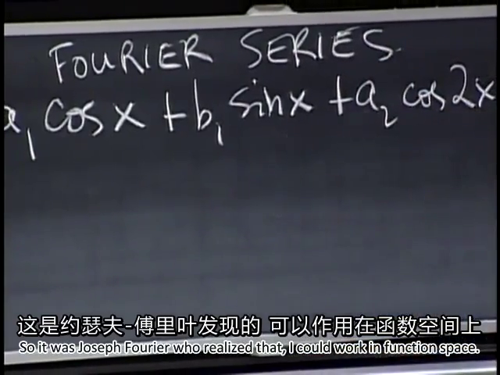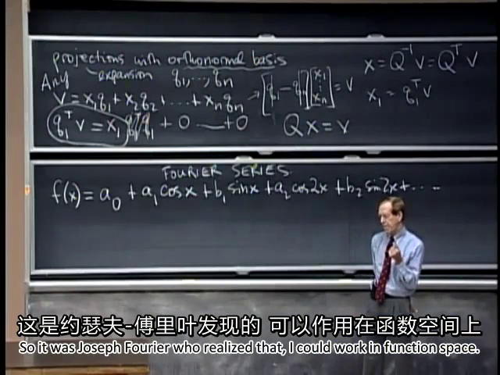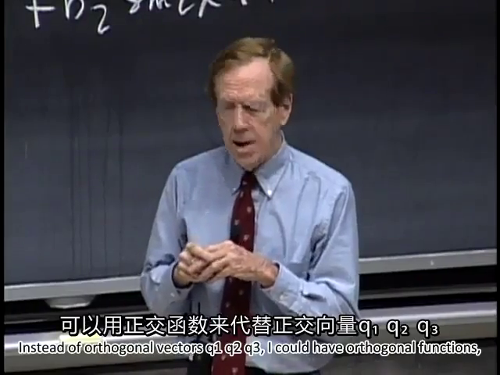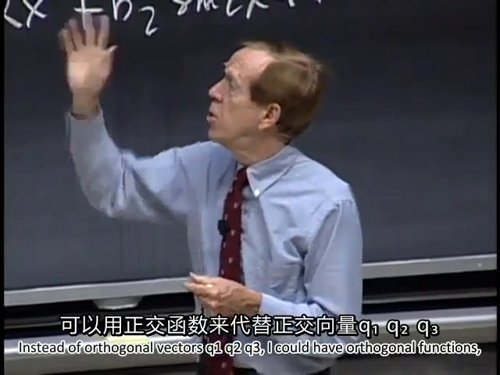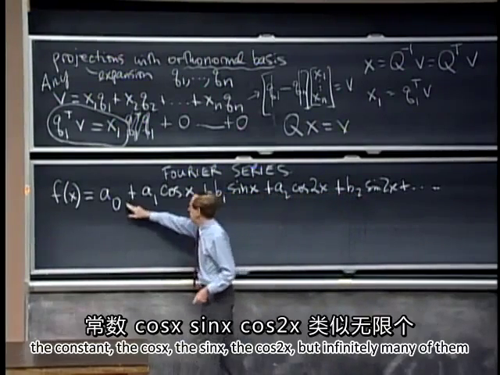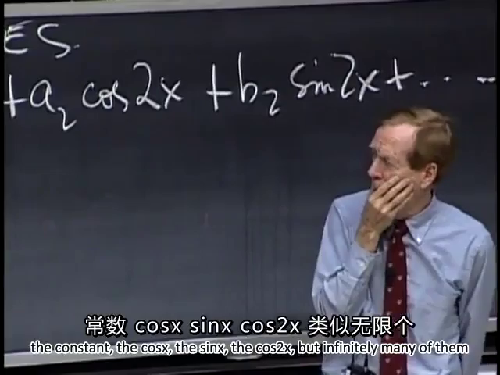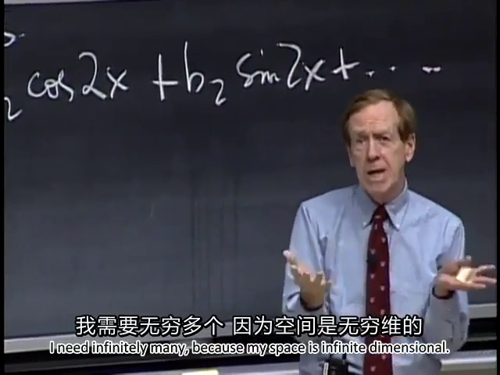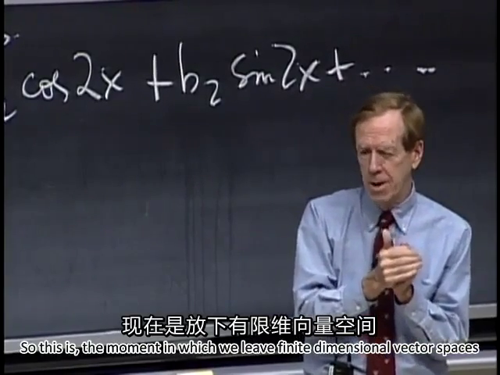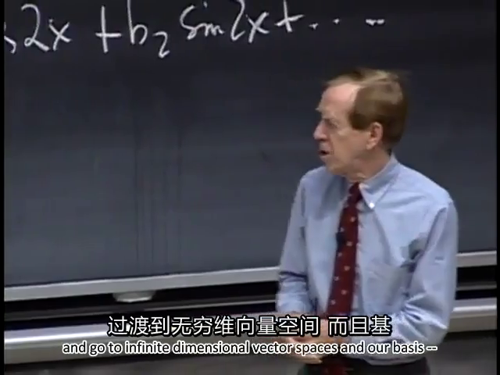So it was Joseph Fourier who realized that, hey, I could work in function space. Instead of a vector v, I could have a function f of x. Instead of orthogonal vectors q1, q2, q3, I could have orthogonal functions, the constant, the cosine x, the sine x, the cos 2x, but infinitely many of them. I need infinitely many because my space is infinite dimensional. So this is like the moment in which we leave finite dimensional vector spaces and go to infinite dimensional vector spaces.